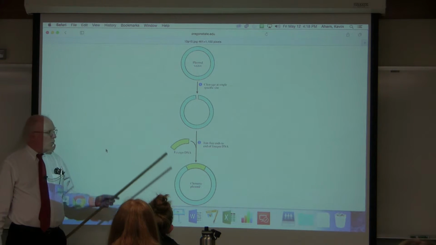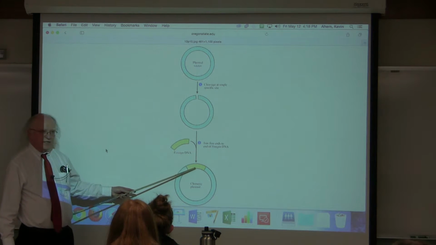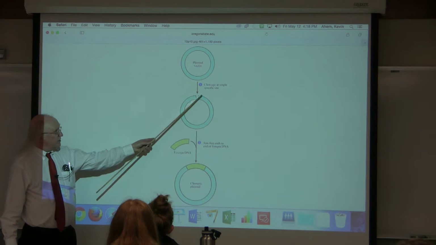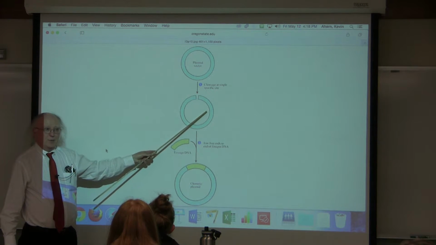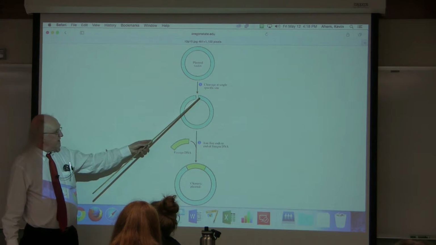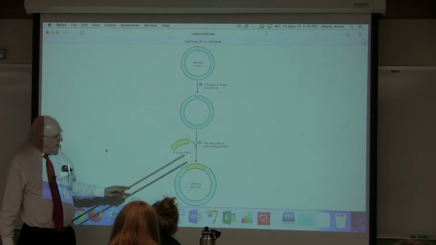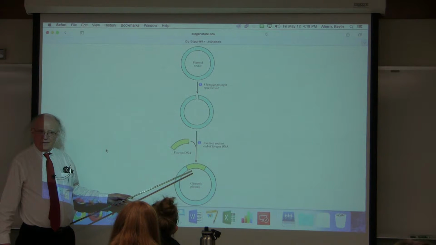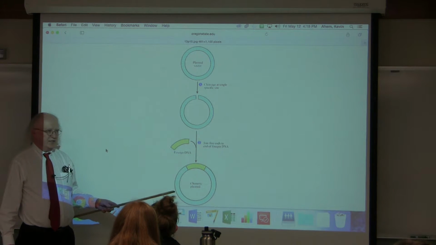Now I say some. Why not all? Well, there's nothing to guarantee it goes in. A lot of them just come right back together and end up looking like this. Everybody understand? This is much easier for it to come back on itself than it is to actually put something in. So now I've got another efficiency to think about.